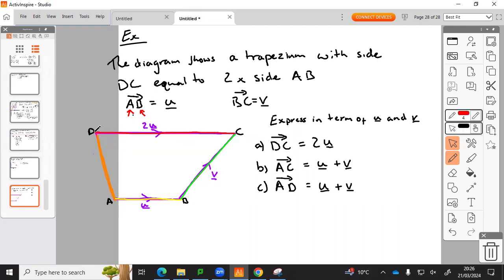We're going against the direction that 2U is going. So that means we're going in a negative path, and it becomes negative 2U.